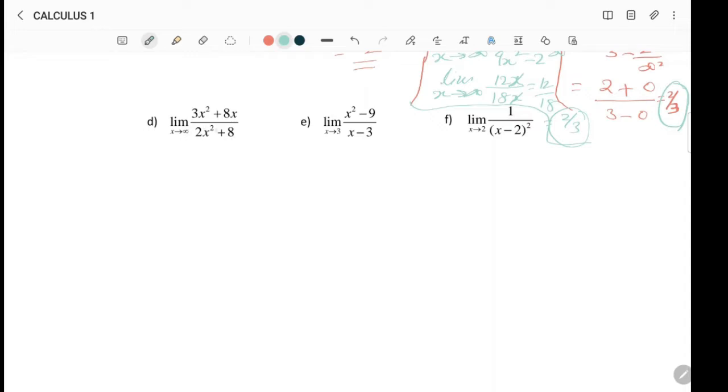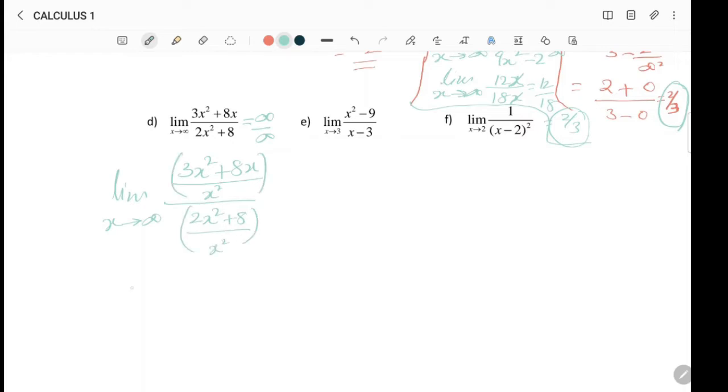So if you put infinity, numerator as well as denominator, then you will get infinity over infinity. So better to divide by highest power of x, that's x squared. So this is 3x squared plus 8x over x squared, and this is 2x squared plus 8 over x squared.